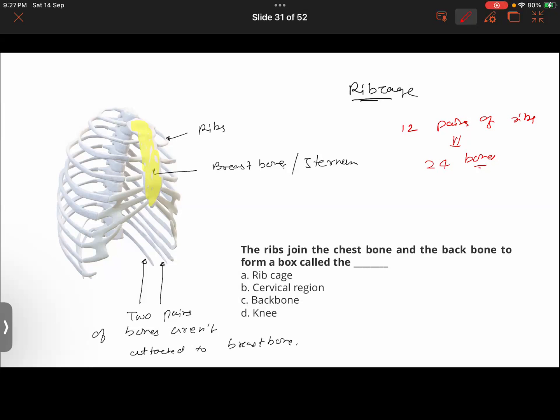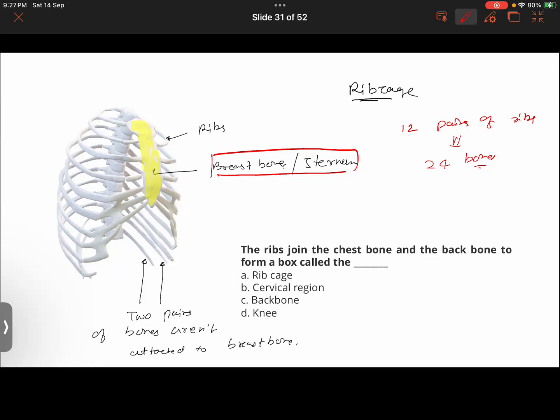And in fact, we can count this breastbone or sternum also. So the rib cage consists of these 24 ribs, which are attached to this long, flat bone present in the center, and that is called the sternum. And at the back, the ribs are attached to the backbone or the spine.